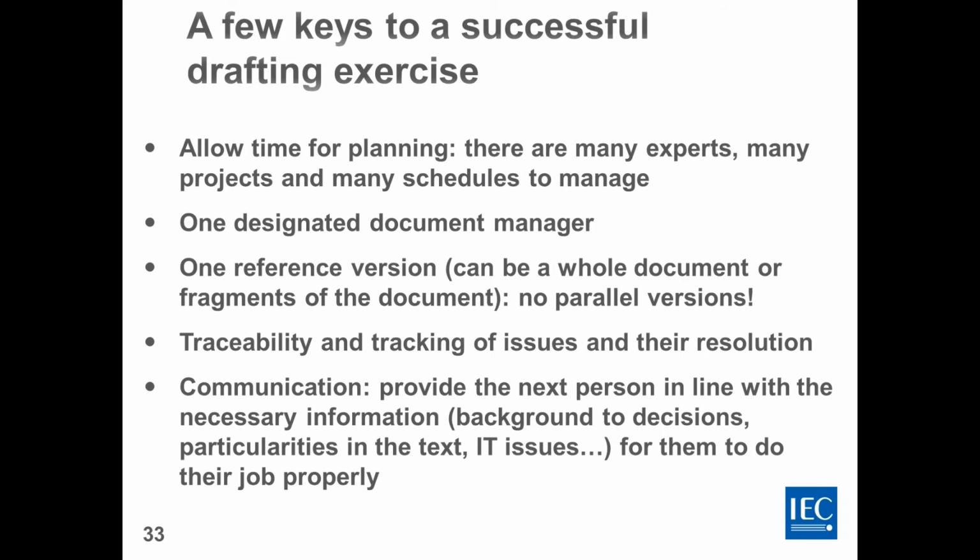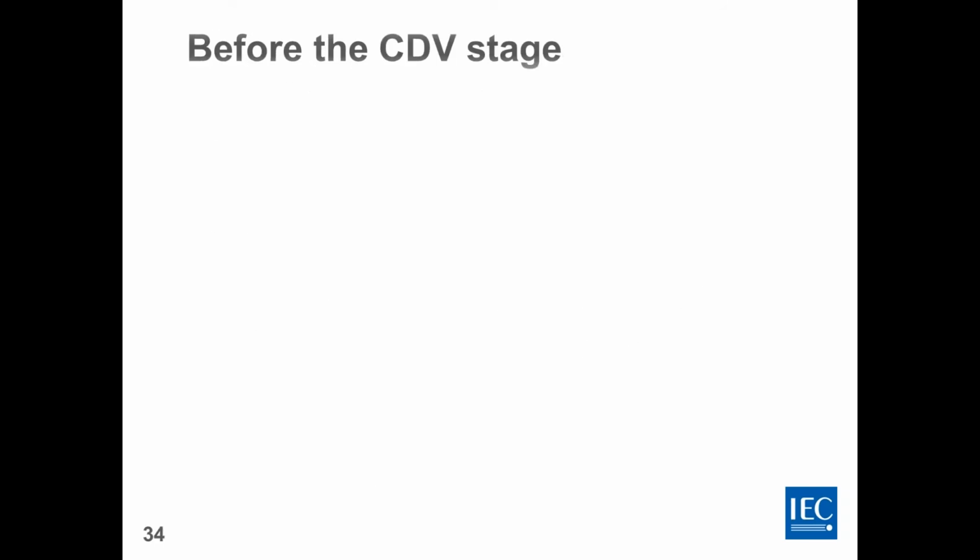Okay, so what happens in the drafting process, and how do we interact with the IEC central office's editorial services? So before the CDV stage, documents are not edited by the IEC. We don't see the documents, we don't look at them unless you contact us for advice.